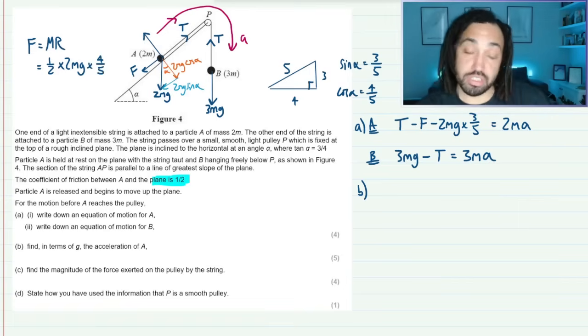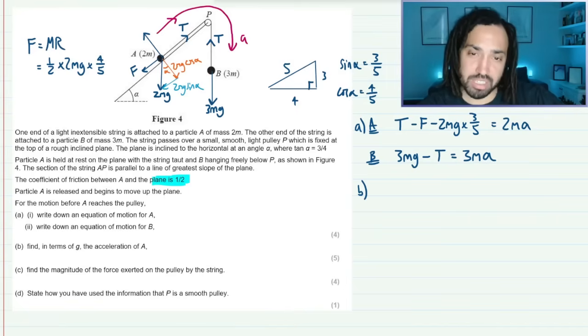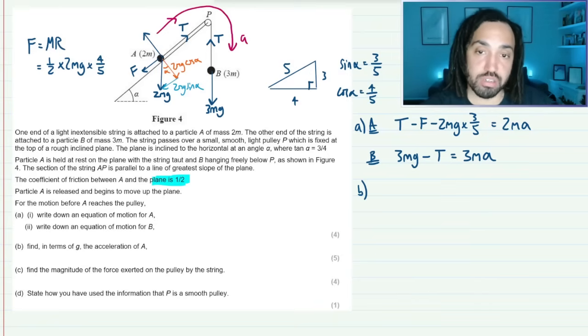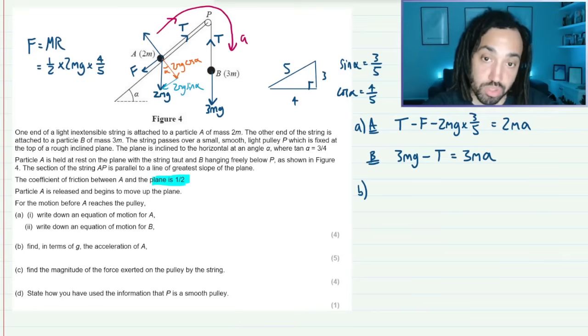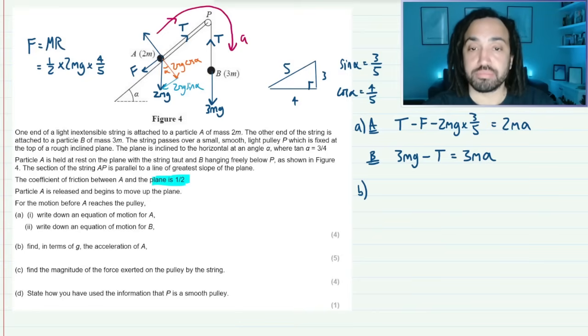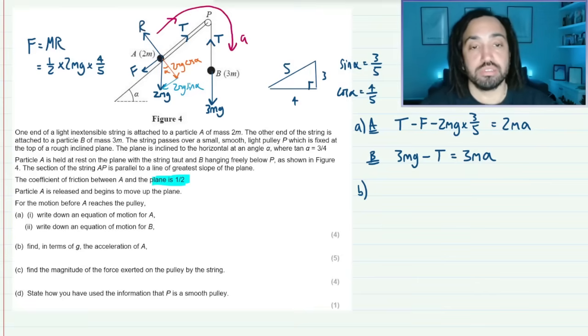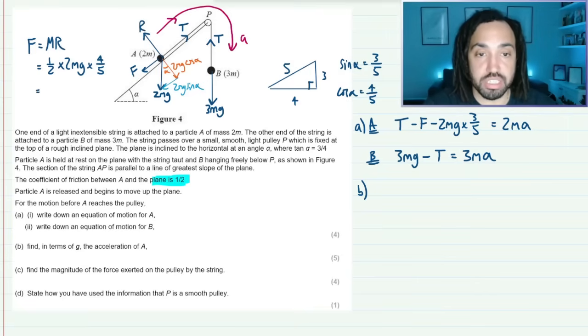Because in this instance there's no other perpendicular forces acting on the object, so it's just its component of the weight. The orange component there will be equal to the reaction force right here.